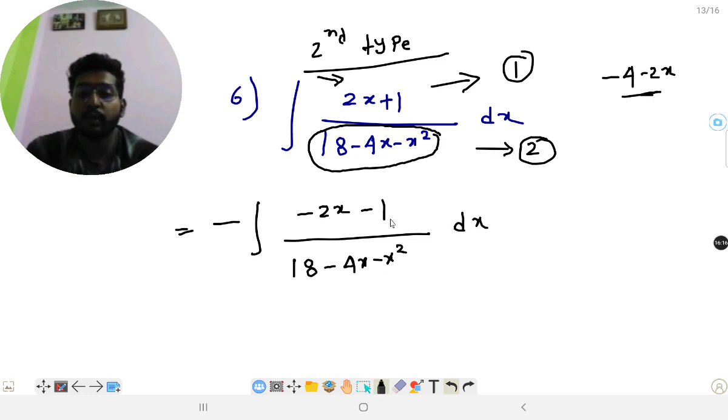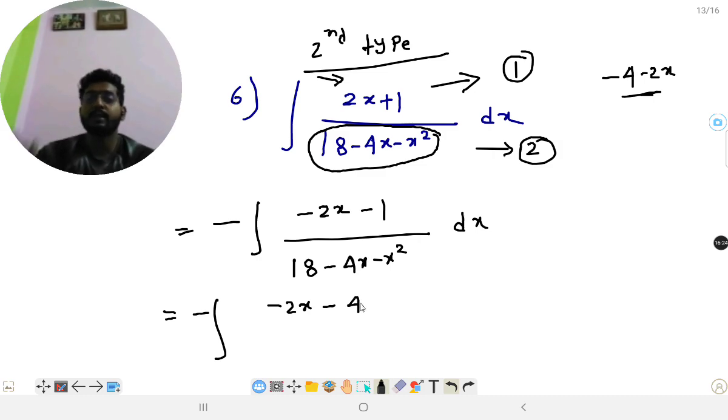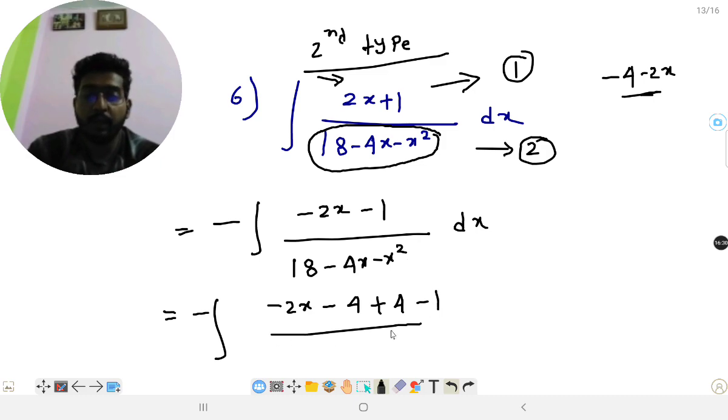Now minus 2x, now there is a minus 4, so here, minus 2x, I am taking 1 minus 4. This is the extra I am taking, that means I have to add plus 4, and here it is minus 1 divided by 18 minus 4x minus x square dx. Look at this, done.